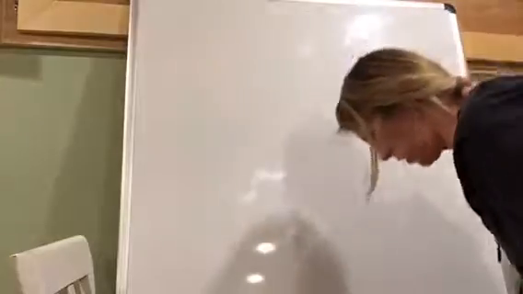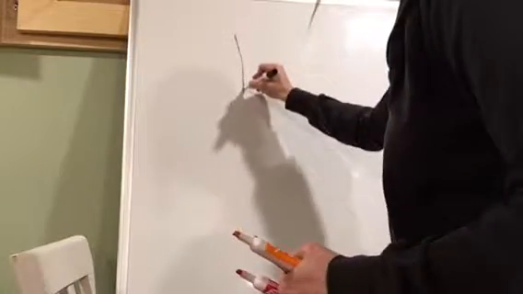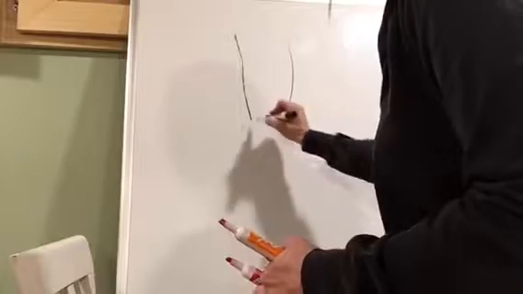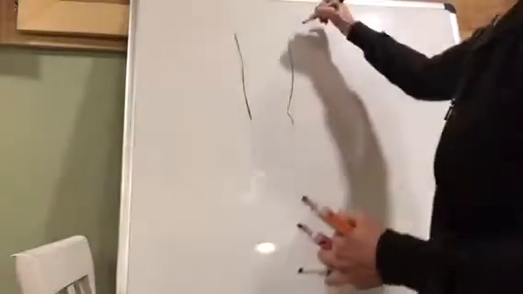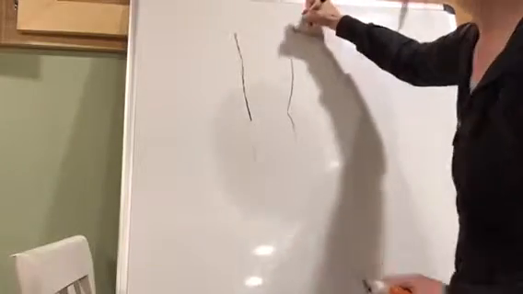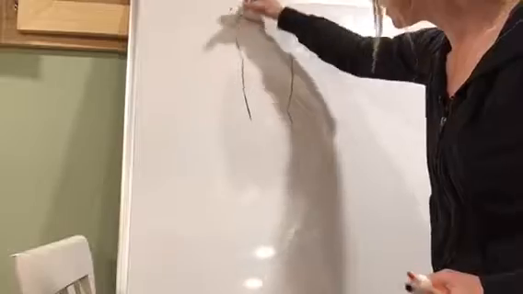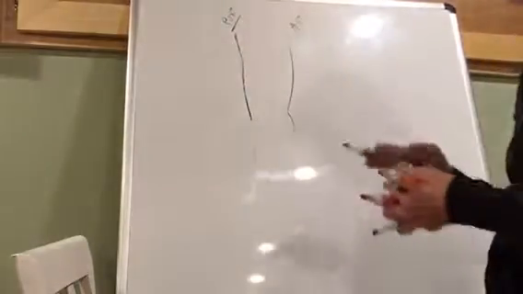Okay, so if you're going to do the muscles of the body, here's my human. This is anterior and posterior. Apparently I use the brown marker a lot, I'm running out.